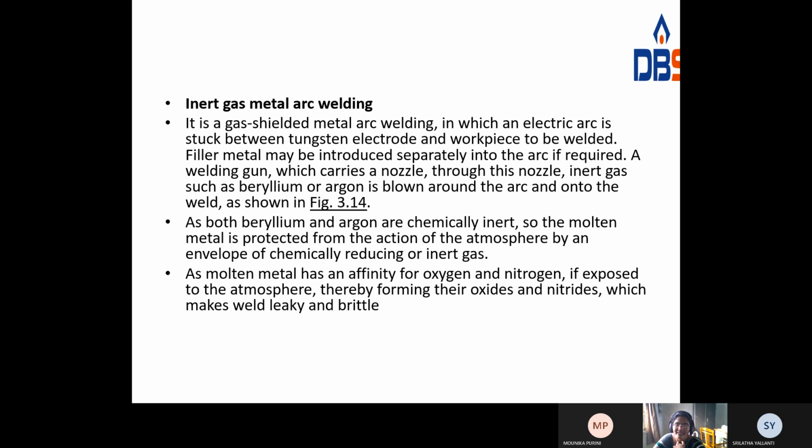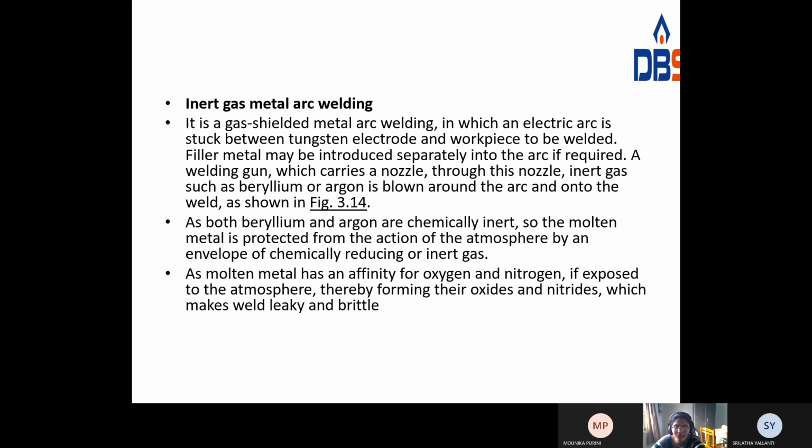The next one is inert gas metal arc welding. It is a gas shielded metal arc welding in which an electric arc is struck between a tungsten electrode and the workpiece to be welded.